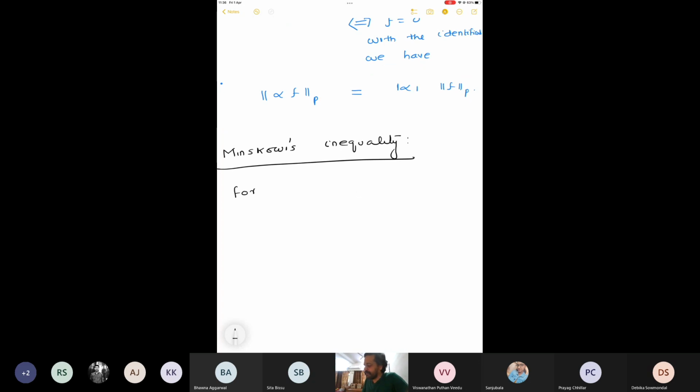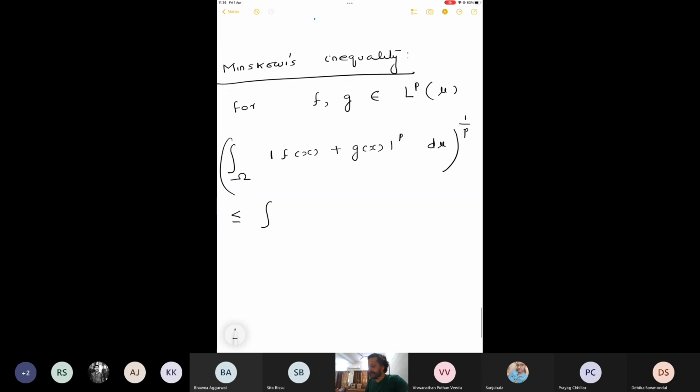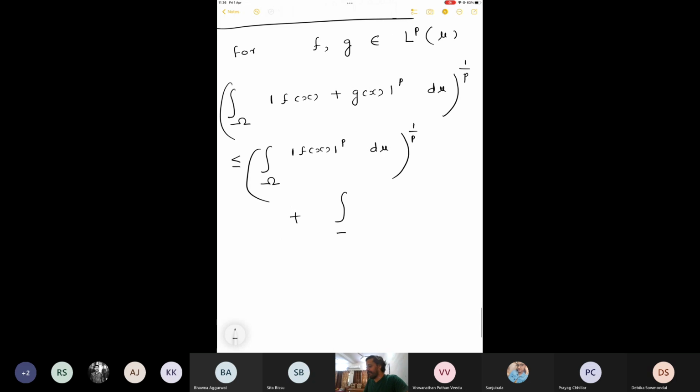For f, g in L^p(mu), the integral over omega of modulus of f(x) plus g(x) the whole power p d mu, the whole power 1 by p, is less than or equal to, unfortunately I don't have time to establish this inequality, the integral of modulus of f(x) the whole power p d mu the whole power 1 by p plus the integral over omega of modulus of g(x) the whole power p d mu the whole power 1 by p.